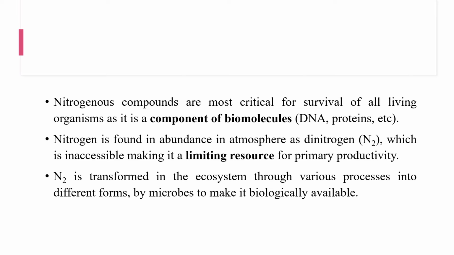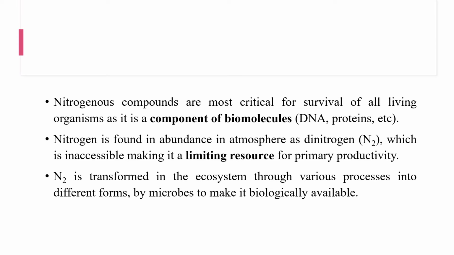Nitrogen in its available form is in the form of dinitrogen, a gas which is found ubiquitously in the atmosphere. About 79% of our atmosphere consists of dinitrogen gas, and directly it is of no use to us, so it has to be fixed. The fixation of nitrogen could be either through biological processes and even abiotic processes.